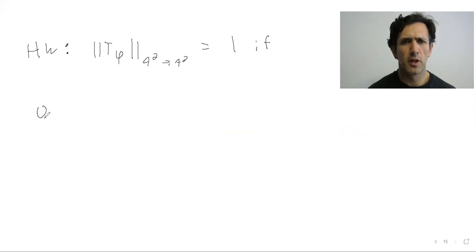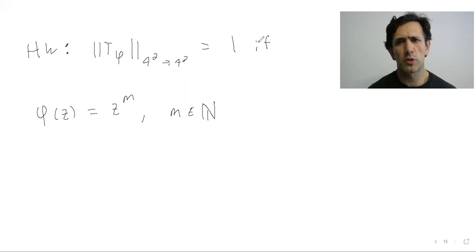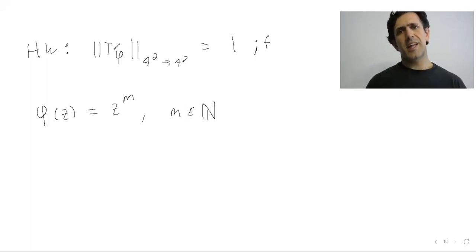Here, this function is not that amazingly special, and we still have to do some work. It's not trivial at all. But for any natural number m, if phi is z to the m, then this operator norm is going to be equal to 1. And the hint will be to test this Toeplitz operator on your canonical orthonormal basis elements that we talked about maybe 2 or 3 videos ago. So this will be part of a new homework that I'll collect and I'll assign maybe in a week or 2.